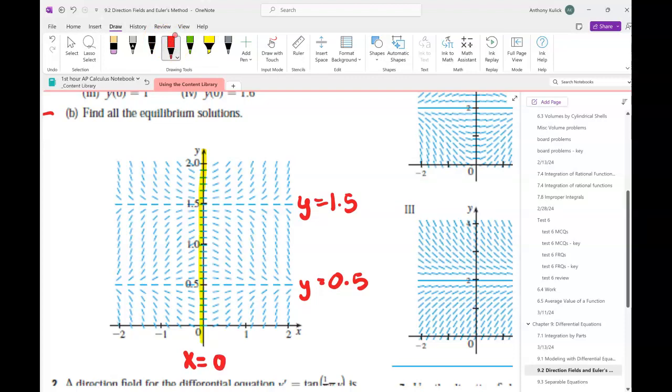Okay. So what would the differential equation possibly look like for here? So it could look like something like that, right? Because if x is 0, slope is 0. If y is 1.5, slope is 0. If y is 0.5, slope would be 0. Does everybody kind of see that?